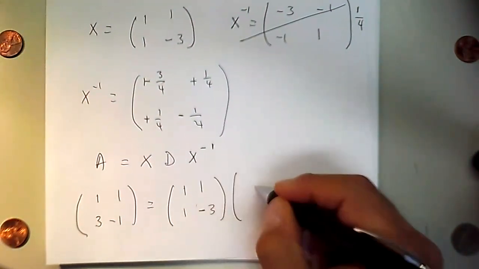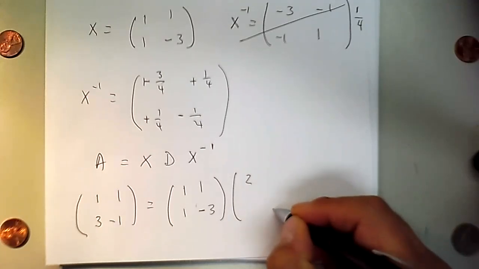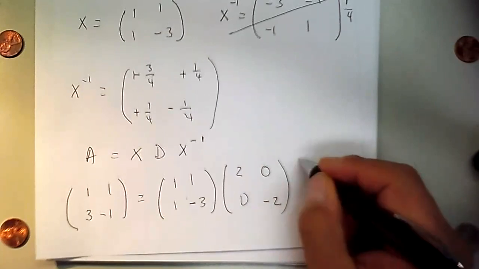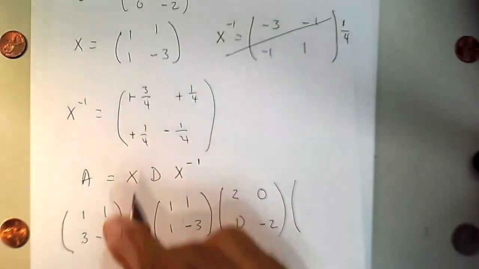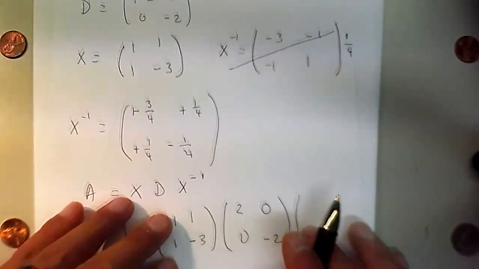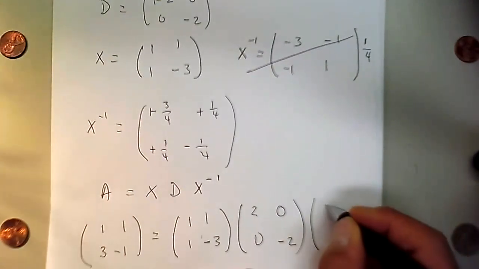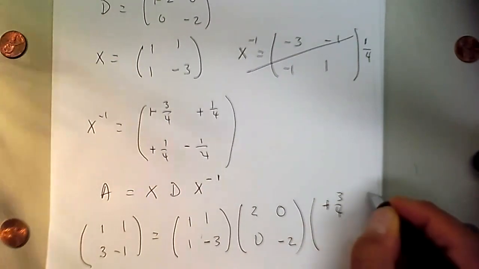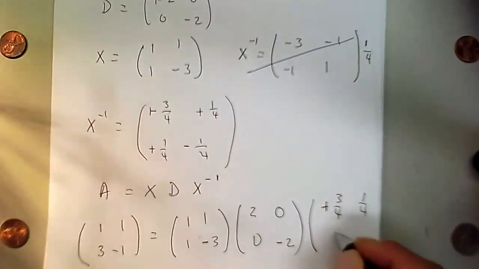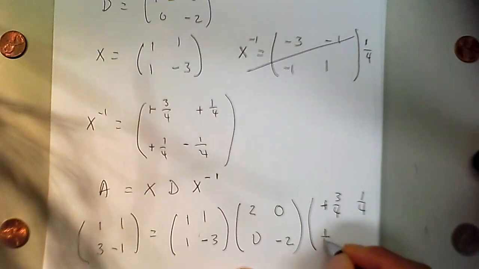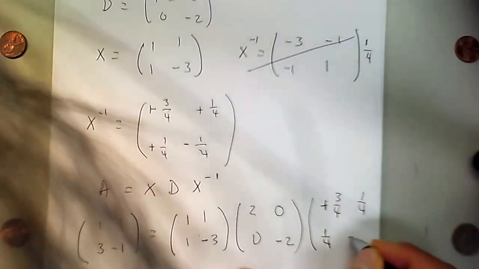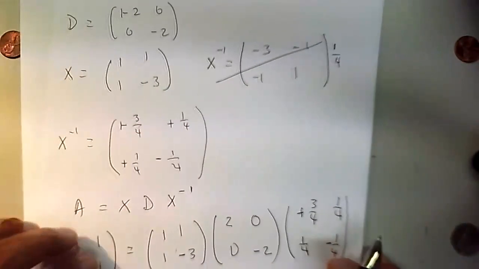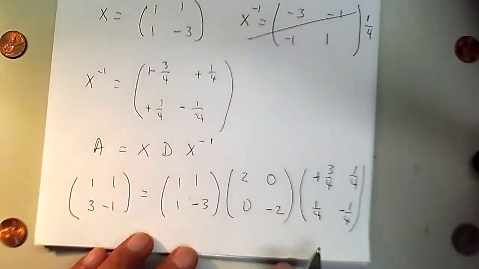The diagonal matrix is 2, -2 in the main diagonal, and then zeros everywhere else. And then the inverse is this one with the fractions: positive 3 over 4, 1 over 4 across, 1 over 4 again down here, and negative 1 over 4.